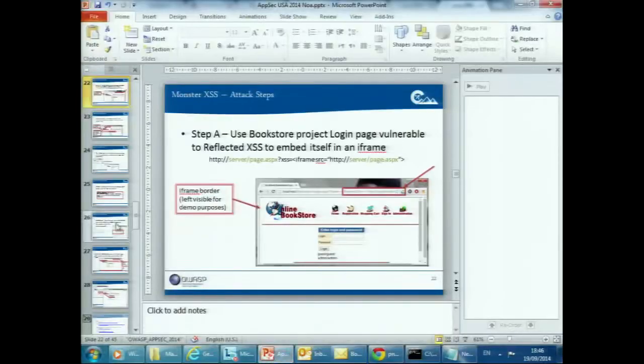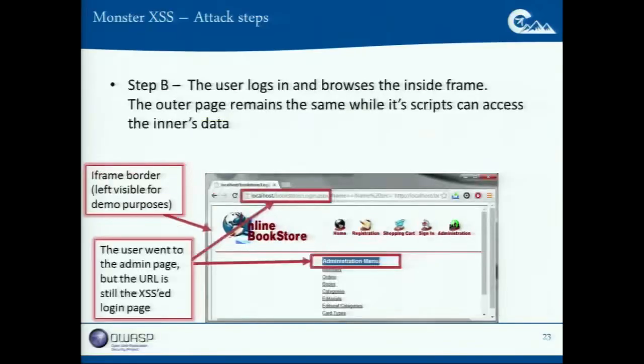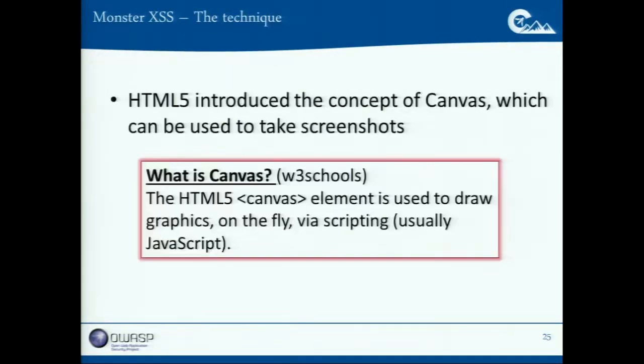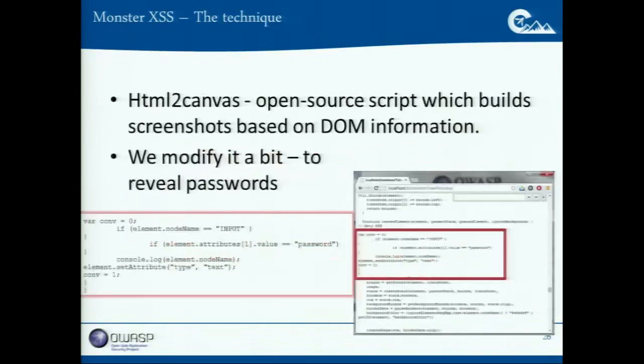How did we succeed? For that, I would like to go back to the presentation. What's going on is that a background page is running a script, which, besides running the page itself and the iframe, also runs a simple HTML to Canvas script.